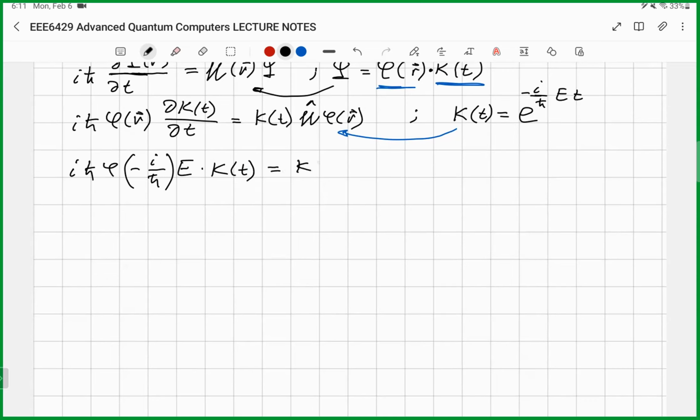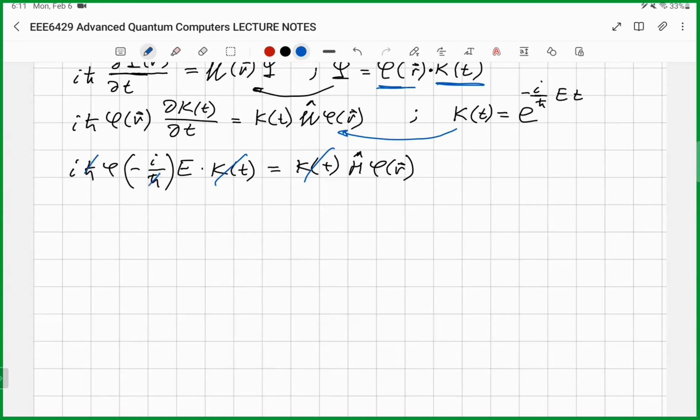And on the right hand side, I get kappa of t, Hamiltonian, phi of r. So now I can cancel these two kappas on both sides. Here I have minus, and i squared gives me another minus, so it will be plus.